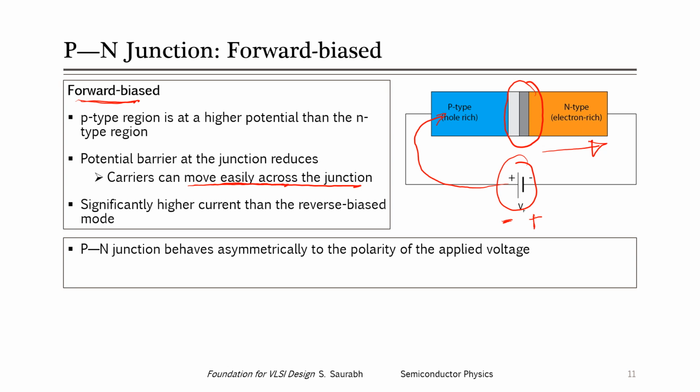So this is a major difference between a PN junction and a resistor, or a metal. A metal will allow current to flow easily in both directions. However, a PN junction allows current to flow easily in one direction but not in the other, and this property of the PN junction is very critical in realizing transistors such as MOSFETs, JFETs, BJTs and so on, right?